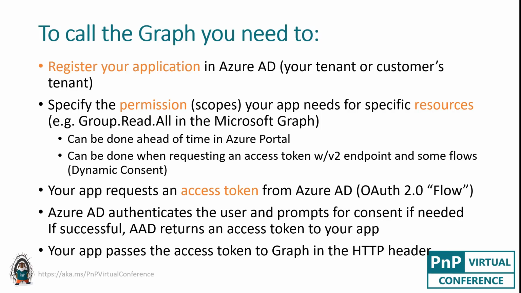Azure AD can do all that because it's interacting directly with the user, and your application doesn't have to handle the user's password, which is another good thing about this system. If successful, Azure AD returns an access token to your app, which is good for about an hour. Your app then passes that access token to Graph in the HTTP headers to do whatever it needs to do.